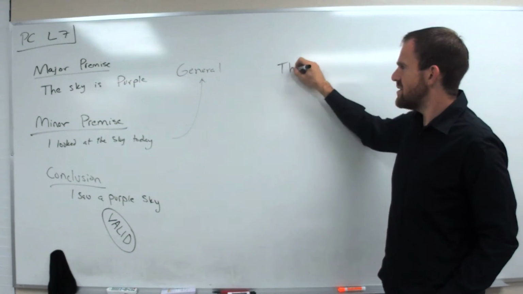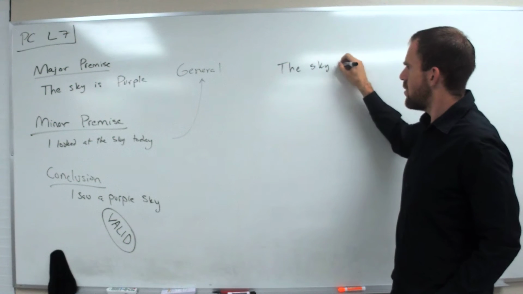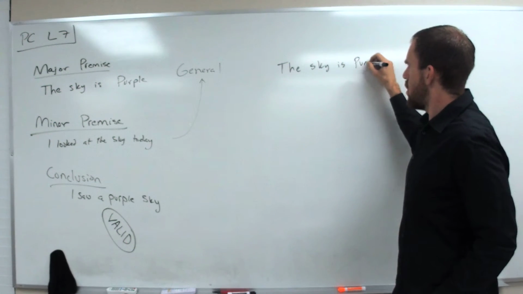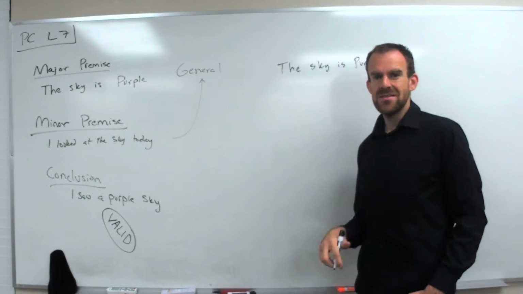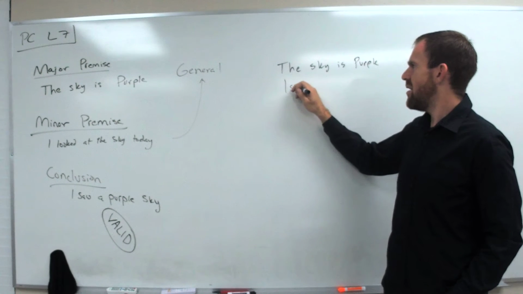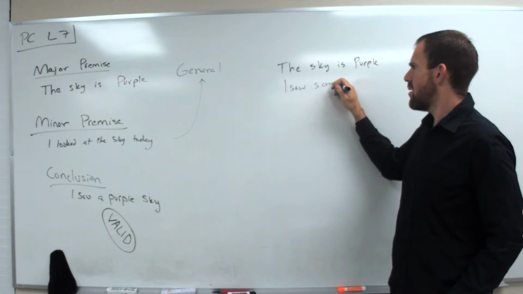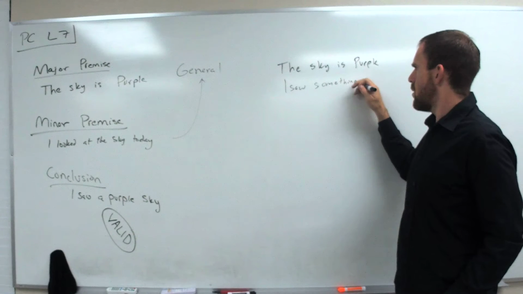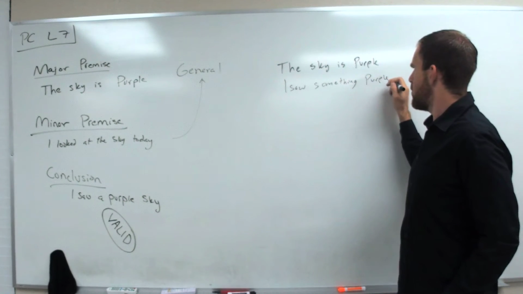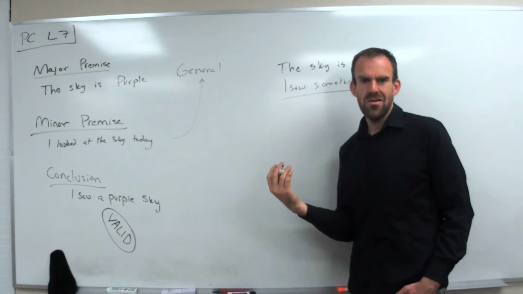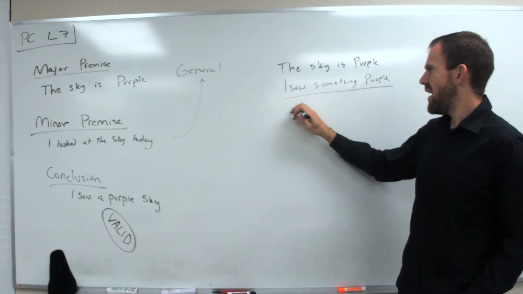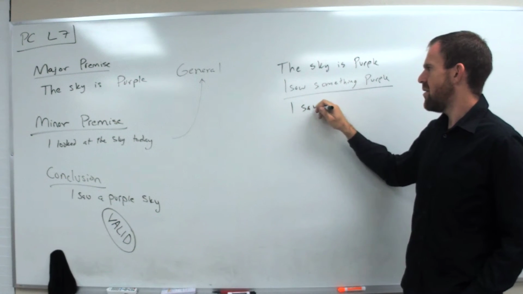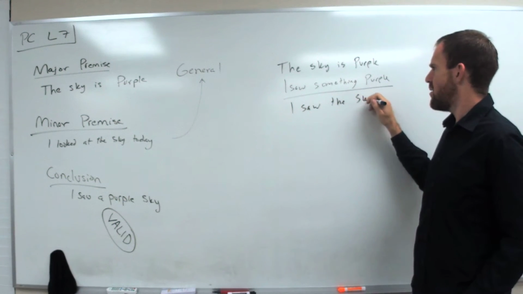My major premise, the sky is purple. Minor premise, I saw something purple. And my conclusion, this is how they'll write it out for you, is that I saw the sky.